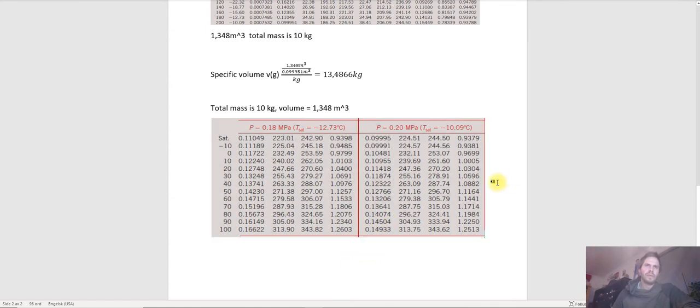So we can see that number we are looking for, 0.1348, is between these two. It means the temperature must be between 60 and 70 degrees Celsius.